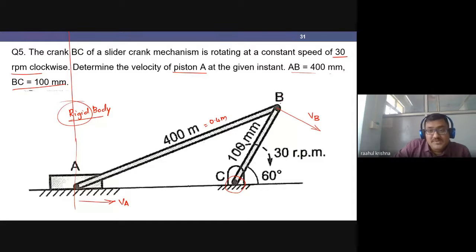So what happens to link BC? At the end B, I have to make a perpendicular to the velocity. In which direction, upwards or downwards? My VB is perpendicular to link BC, right? So if I have to make a perpendicular to VB, it will be along the link BC itself.